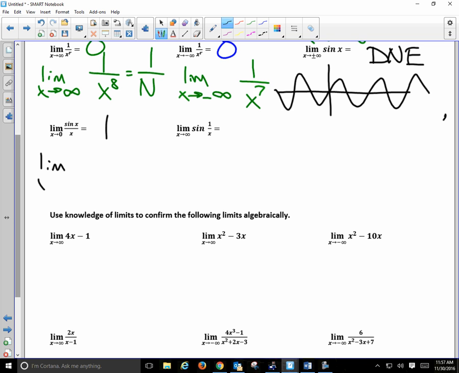But if I switch this and I go the limit as x goes to positive infinity of sine of x over x, well, sine is always going to stay between what two values? 1 and negative 1. But x is going to become ridiculously large, right? So you're going to have a small number over a ridiculously large number. That's going to go to 0.